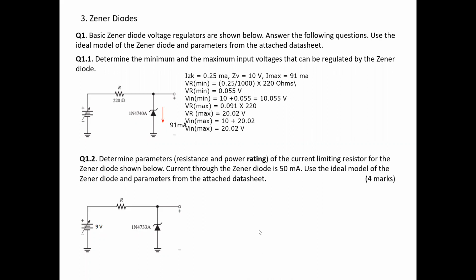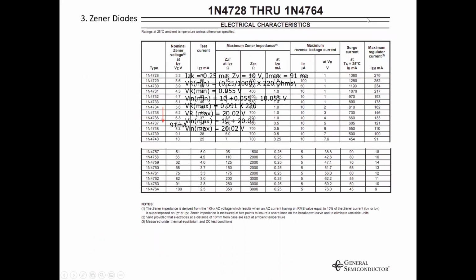If I go back to the data sheet, I can find that 4733 is 5.1 volt.